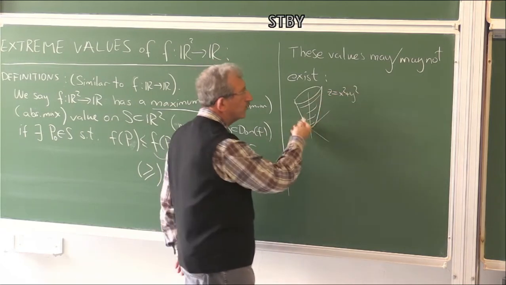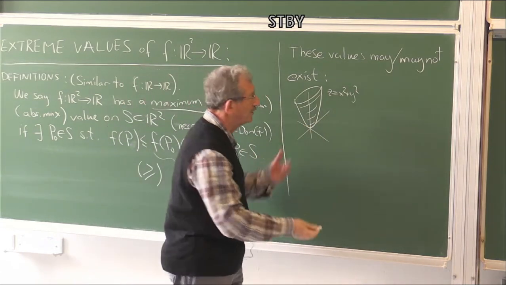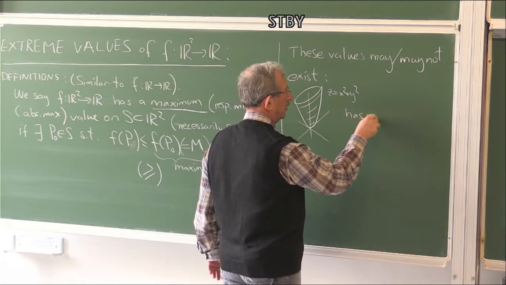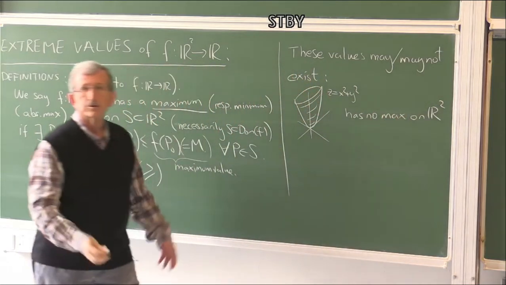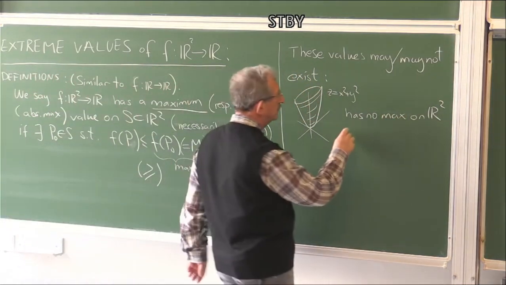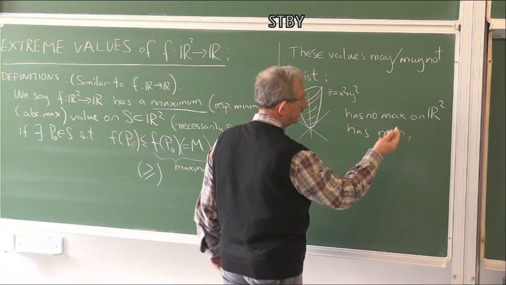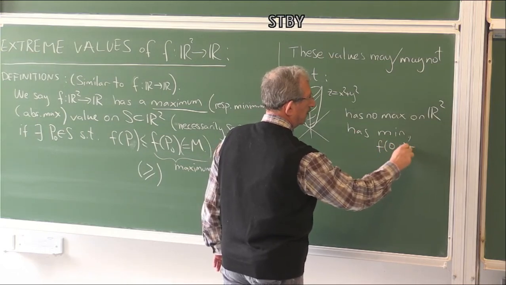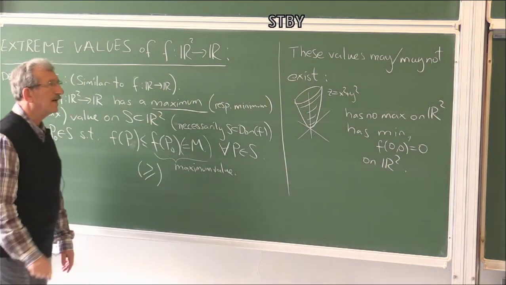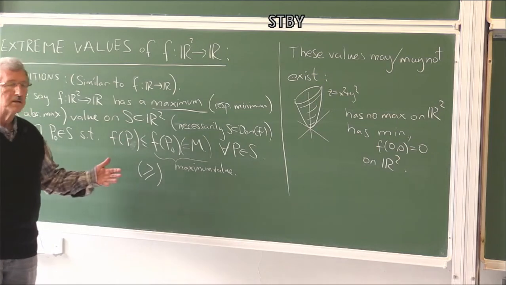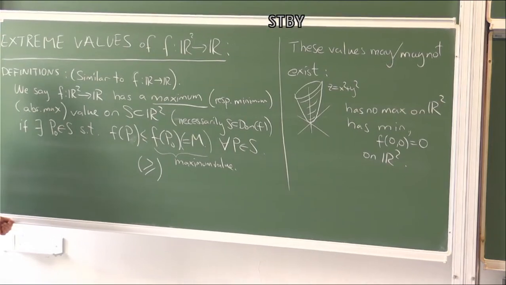Then, of course, it has no absolute maximum, or just maximum, on R2, because it goes to infinity. But it has a minimum, which is 0. Well, this is an example where you have an unbounded function. Well, in bounded cases, this can also happen.